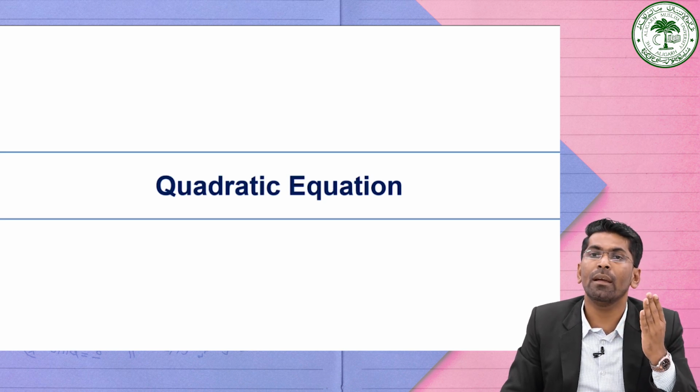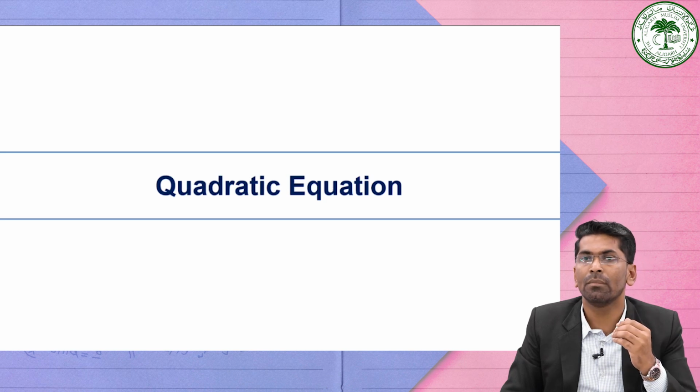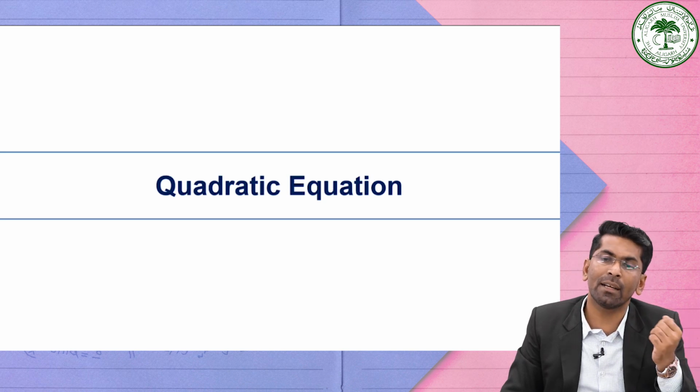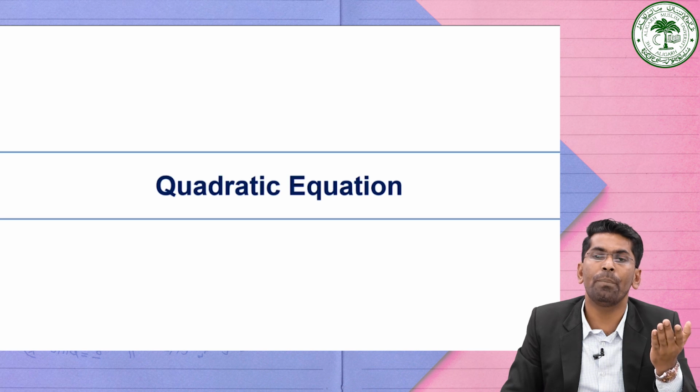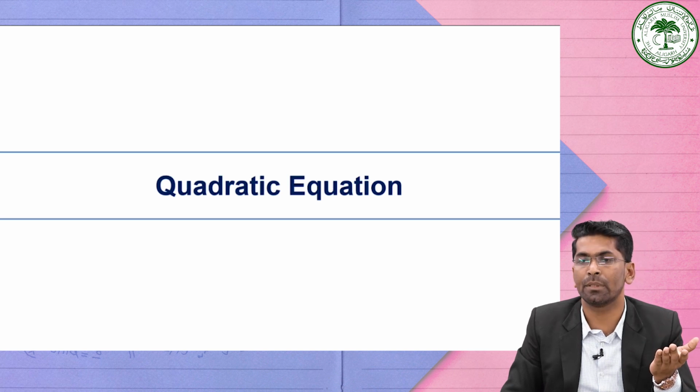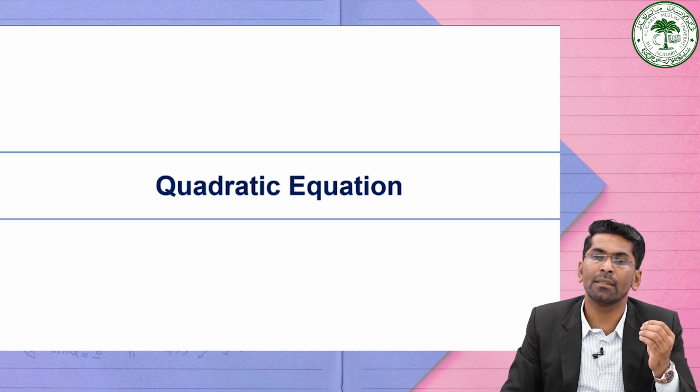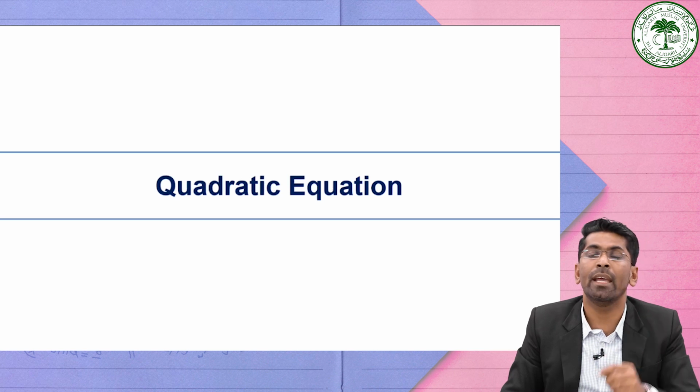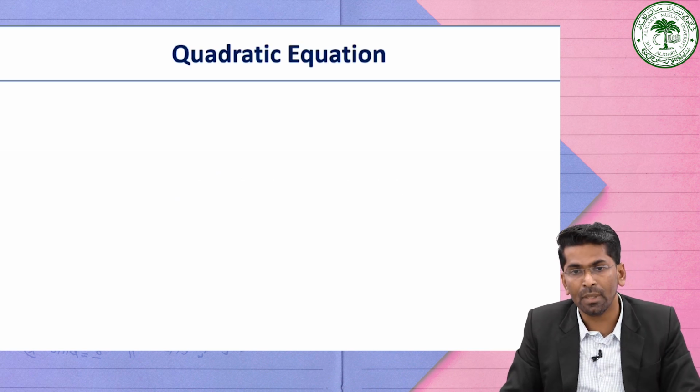It may be in the form of curves, or circles, or a parabola or other shapes. So here we will discuss the non-linear equation with the highest power of the variable being 2, that is, a quadratic equation.